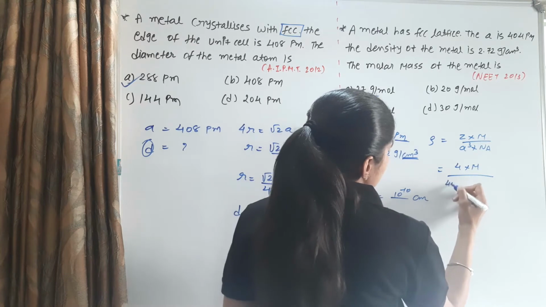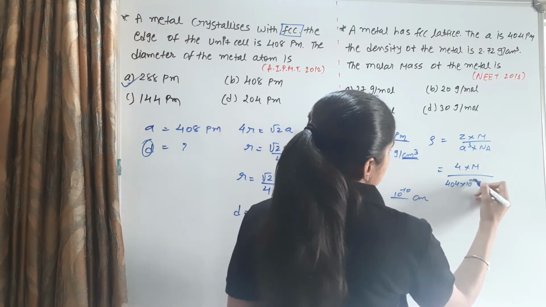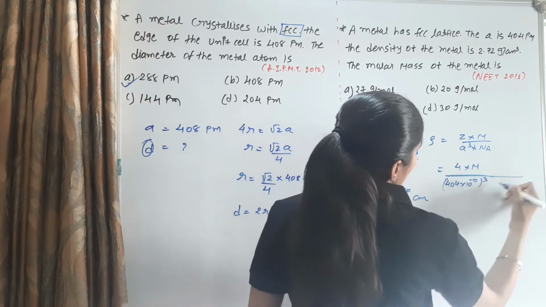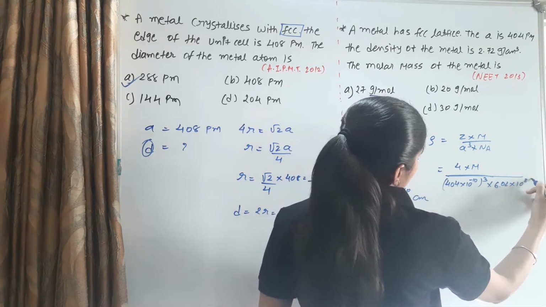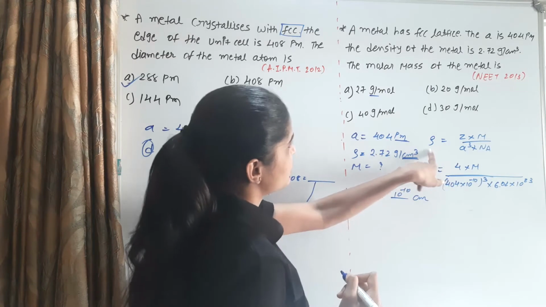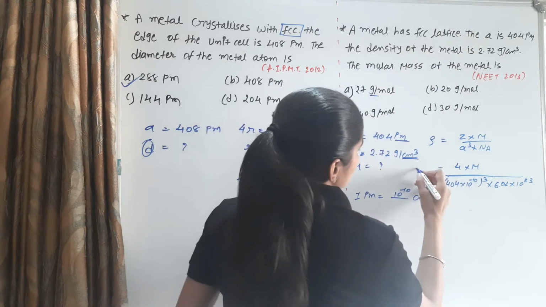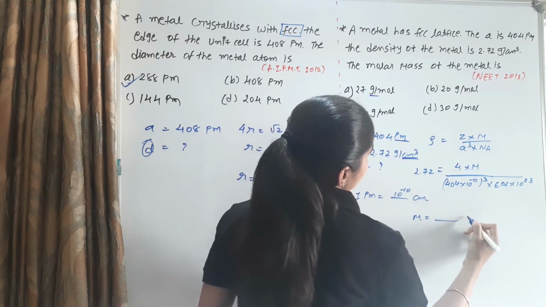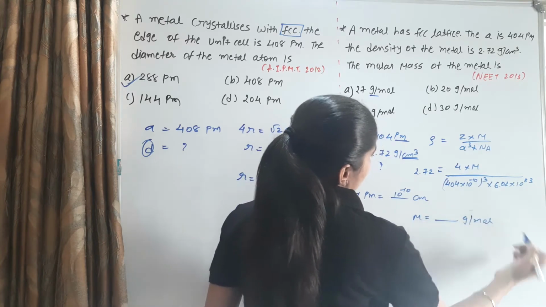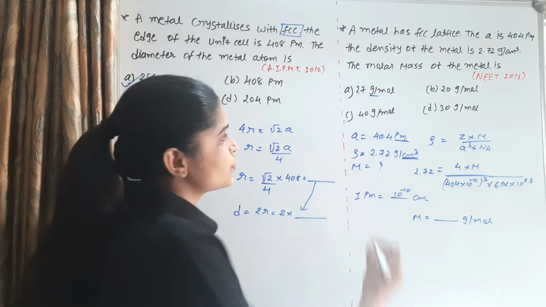So a cube is (404 × 10^-10)³, divided by the Avogadro number 6.02 × 10^23, and the density given is 2.72. So the answer M is in gram per mole, and the answer is 27.